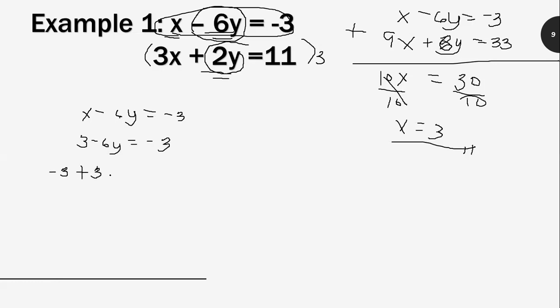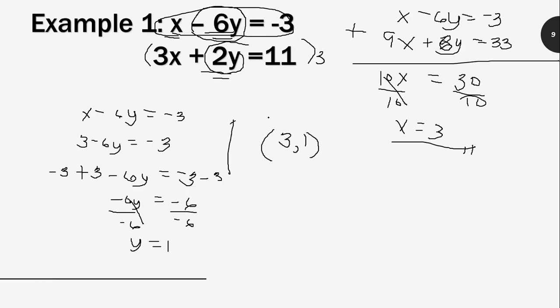Plus 3 minus 6y is equal to negative 3 minus 3. 0. So negative 6y is equal to negative 3 minus 3. We got negative 6. Then divide both sides by negative 6. We have our y is equal to positive 1. Our x is 3 and our y is 1. So this is our solution.